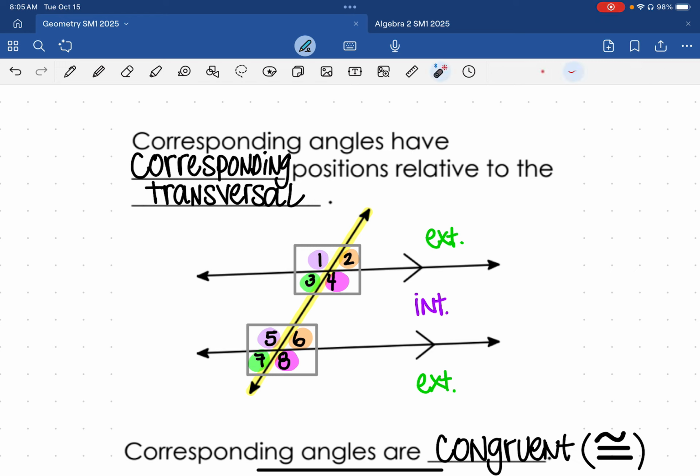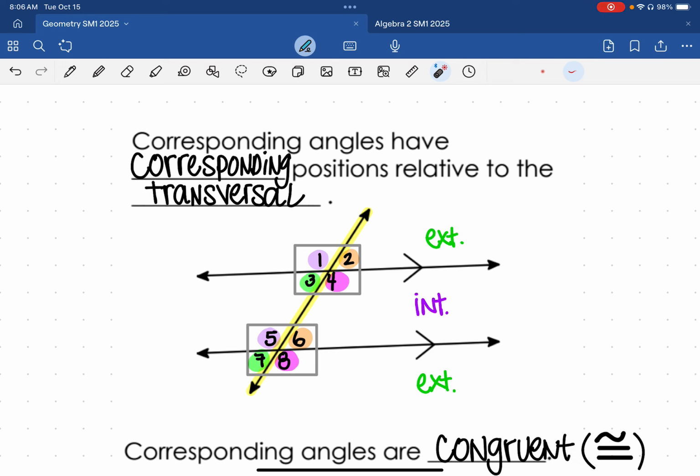Notice this is one where we have an exterior corresponding to an interior angle, an interior corresponding to an exterior. This is the only combination where you're going to see one interior and the other exterior, depending on their positioning within the group of 4.